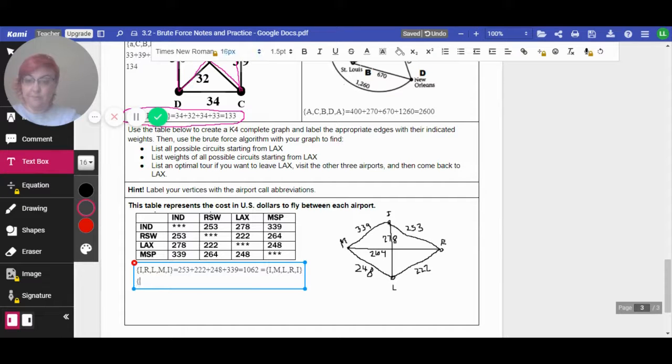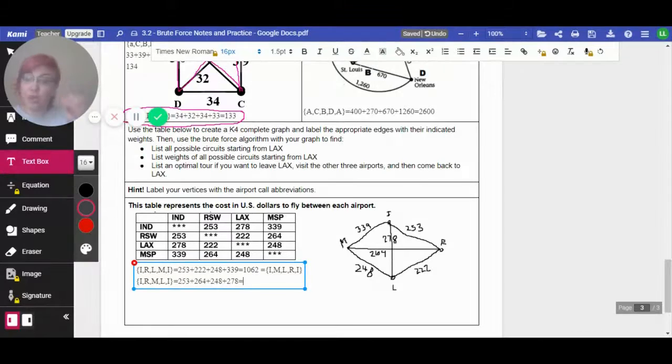Now, if I went to IRMLI, I to R is still 253, R to M is 264, M to L is 248, and L to I is 278. 253, 264, 248, 278.